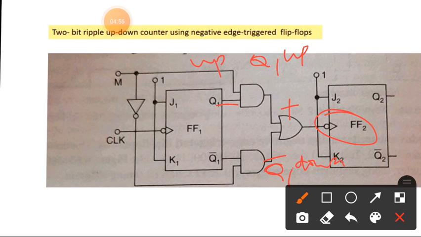Up means M is equal to 1, so Q1 M, plus Q1 bar for down, which means M is equal to 0, so M bar.